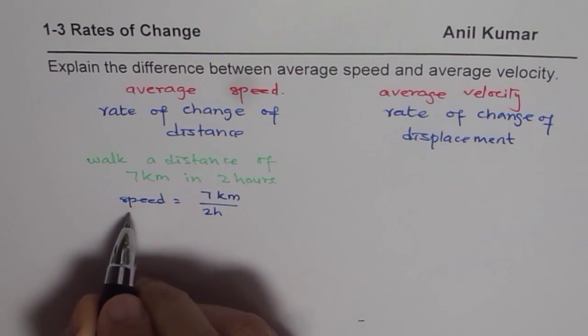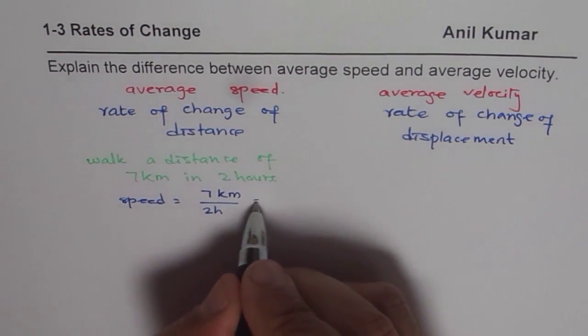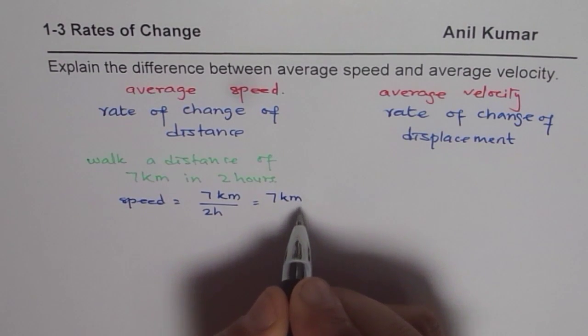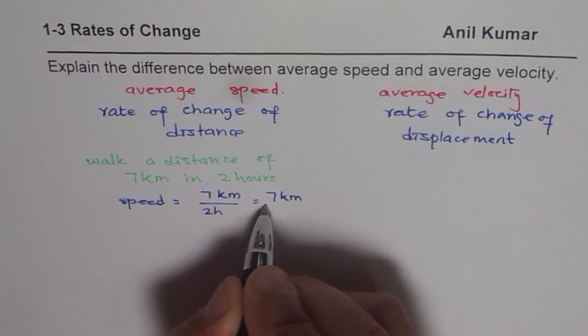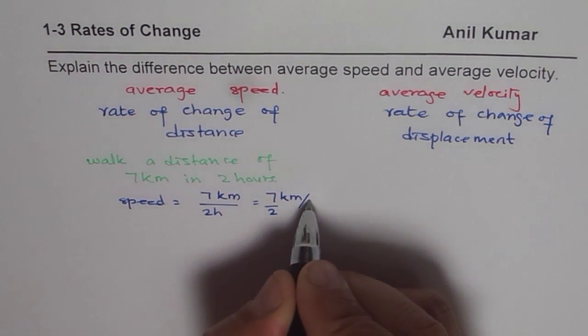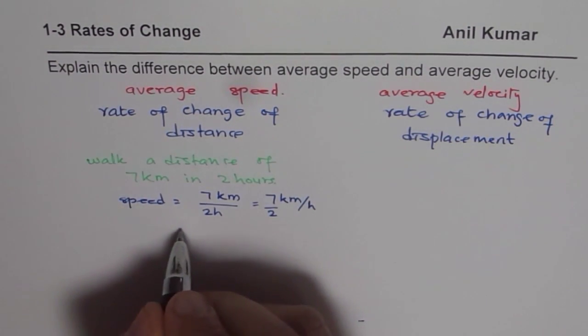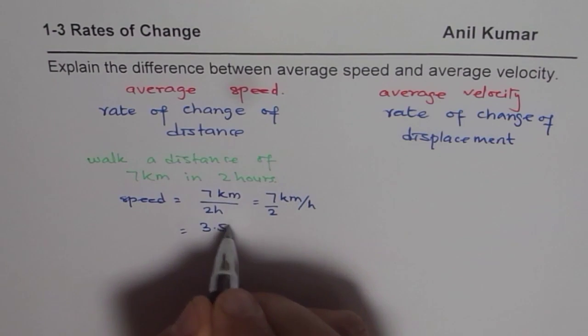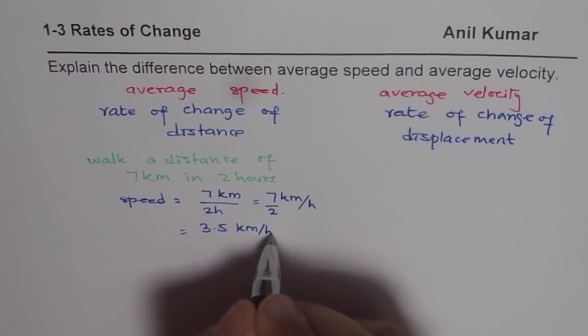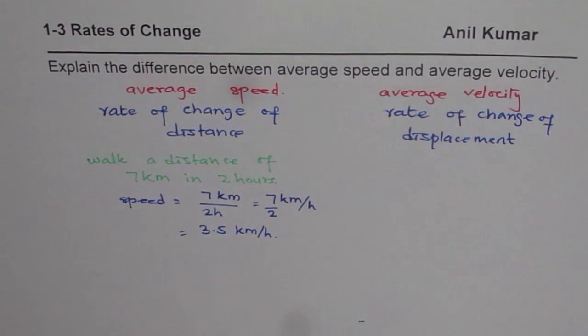I'll divide this by 2 and write 3.5 kilometers per hour. So that becomes the average speed for this distance covered.